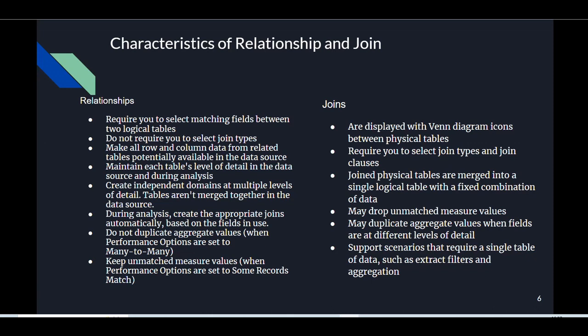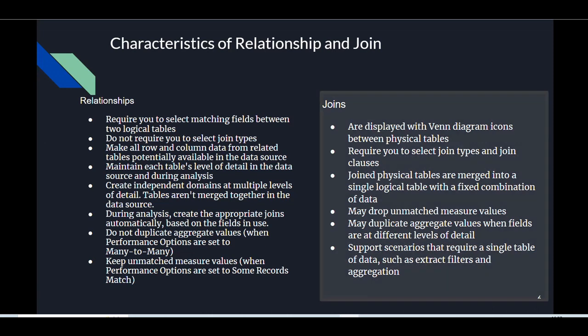So let's understand the relationship first, point by point. A relationship requires you to select a matching field between two logical tables. It does not require you to select a join type. So when I have two tables in the logical layer, logical table A and logical table B, both are linked to each other by a common column, and they are just linked by using a common column, that is a relationship, and it doesn't require you to select any join condition.